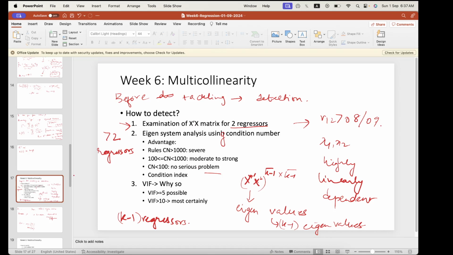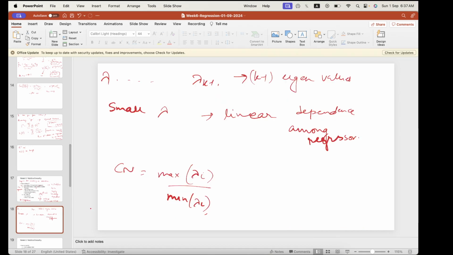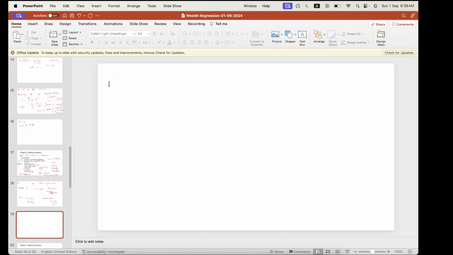So this is the condition number, and the condition index is actually max of lambda by lambda i. We have to find the condition index for each i, and then the largest condition index is the condition number. So the max of the condition index i is actually my condition number.